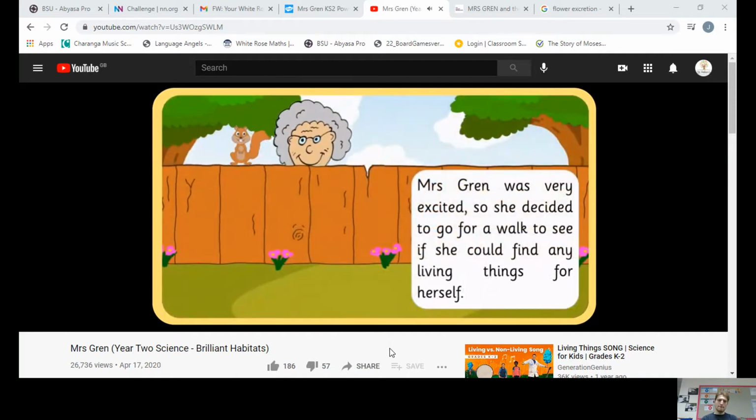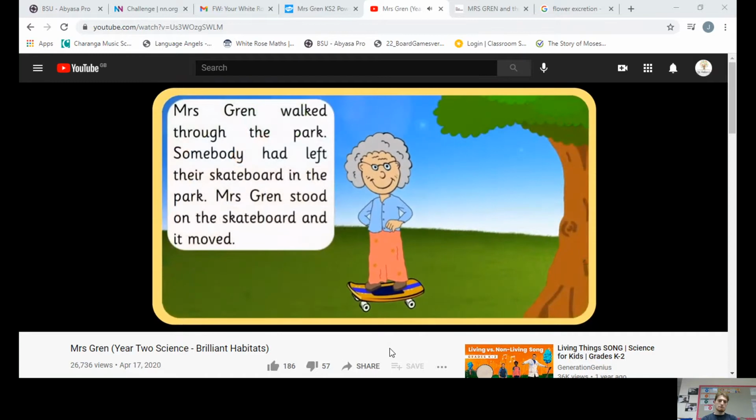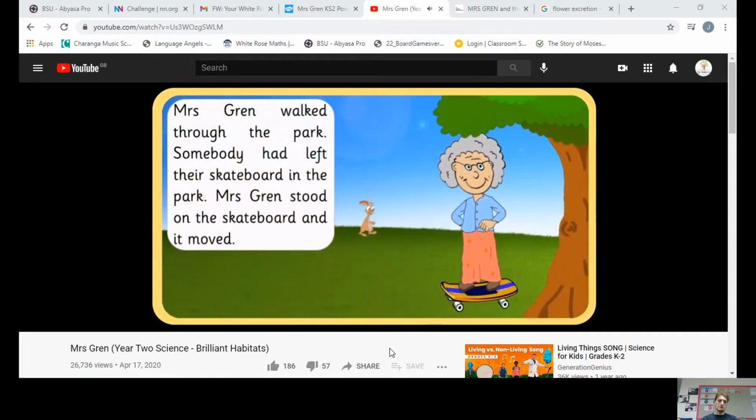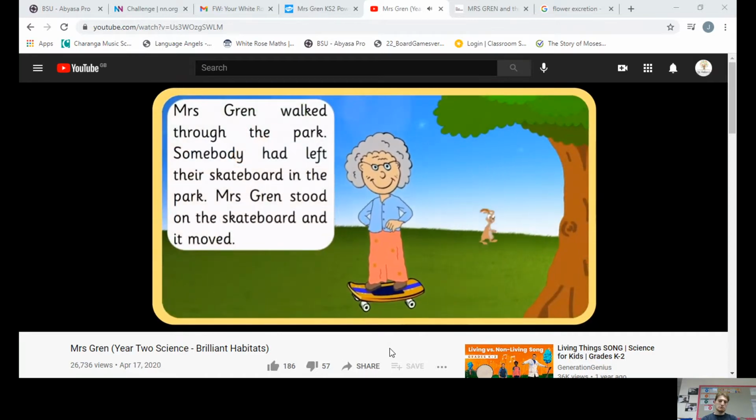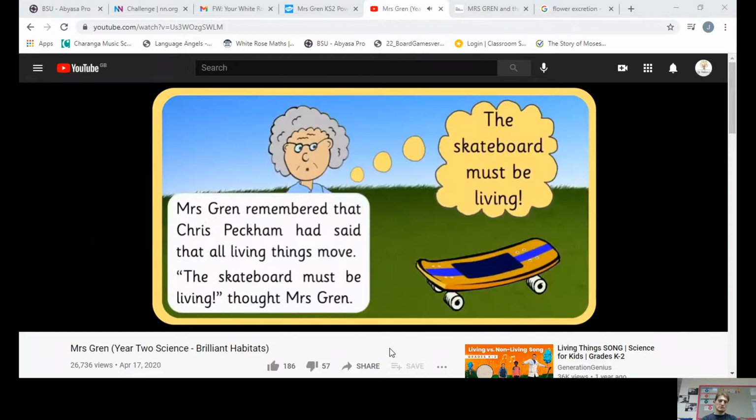Mrs. Gren was very excited, so she decided to go for a walk to see if she could find any living things for herself. Mrs. Gren walked through the park. Somebody had left their skateboard in the park. Mrs. Gren stood on their skateboard and it moved. Mrs. Gren remembered that Chris Peckham had said all living things move. The skateboard must be living, thought Mrs. Gren.